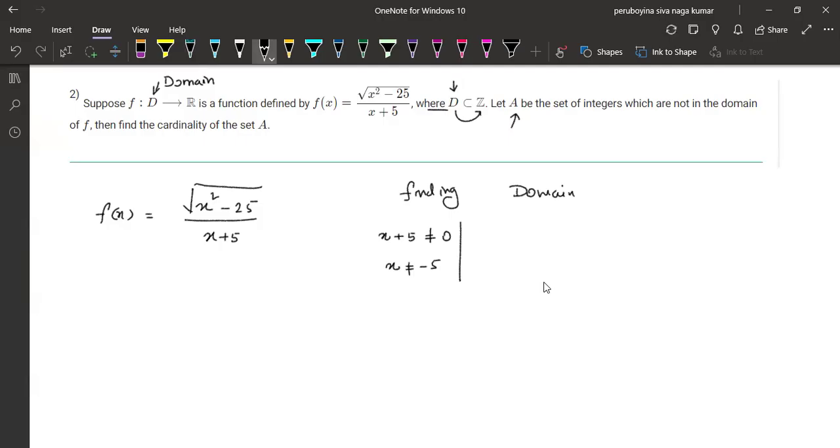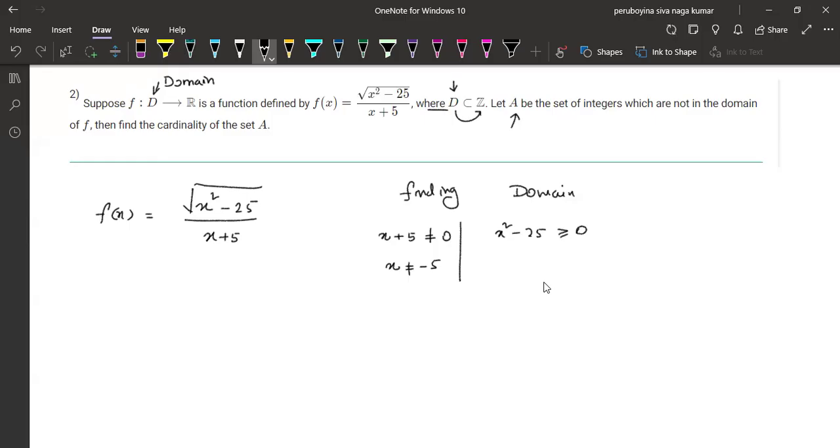If we see the numerator, it contains a square root. Square root means, for existence of the square root value, x square minus 25 must be greater than or equal to 0. Then only it exists. Otherwise, if it is negative, we are getting some complex numbers, not real numbers.